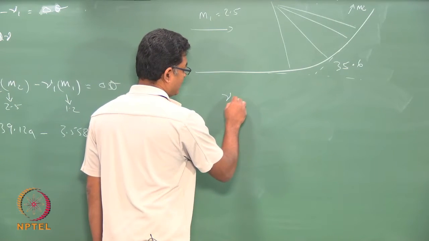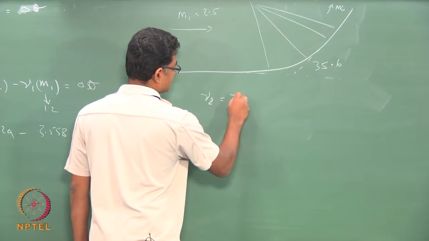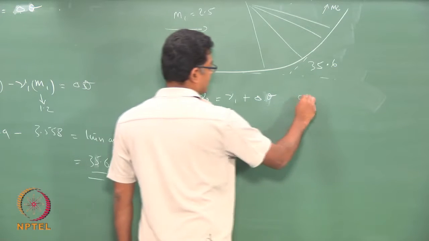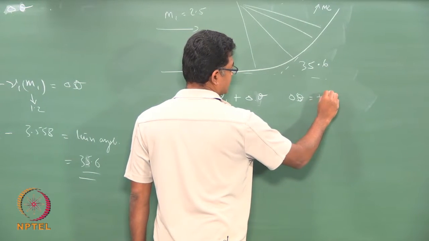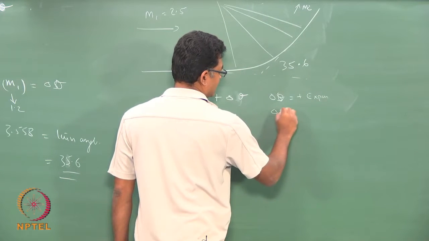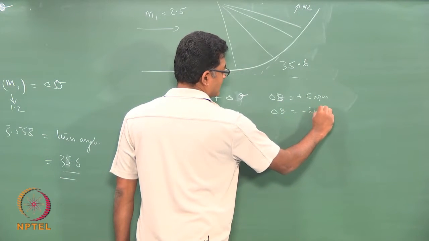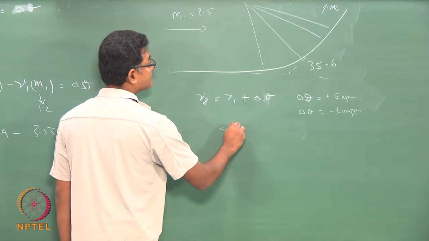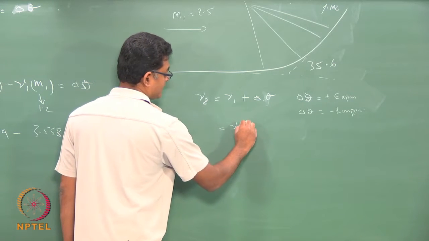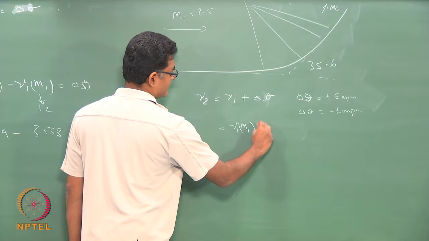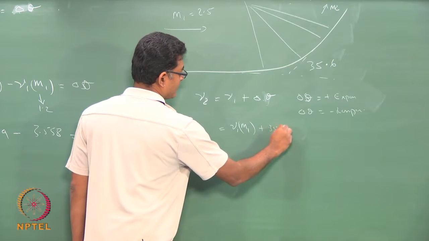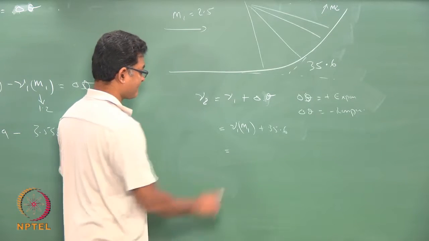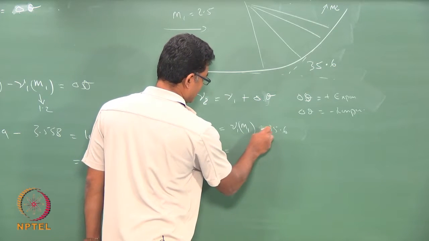So, what I know is nu 2 is nu 1 plus delta theta, and delta theta is positive for expansion, negative for compression. So, what I have is nu 1 is associated with M1, which is 2.5, plus delta theta, which is 35.6, with a minus sign.